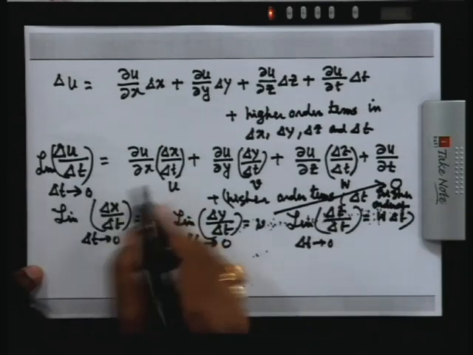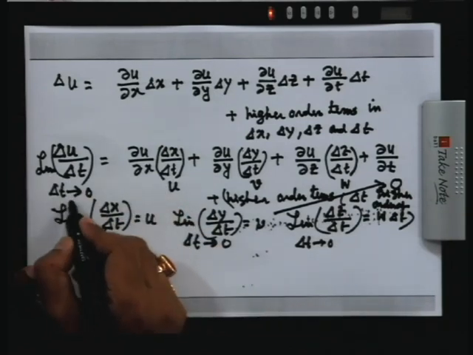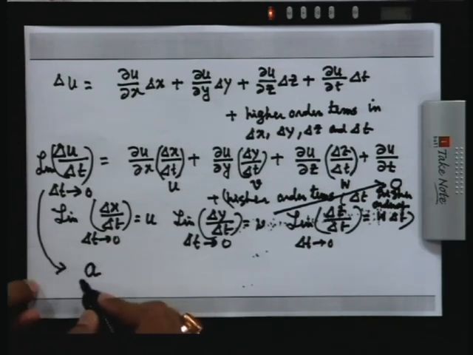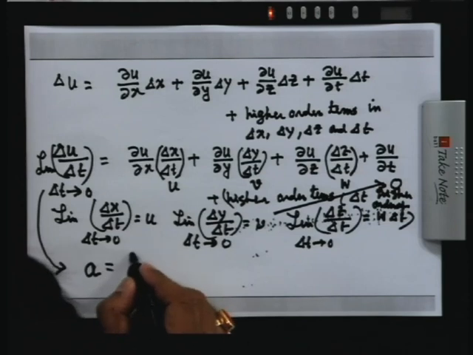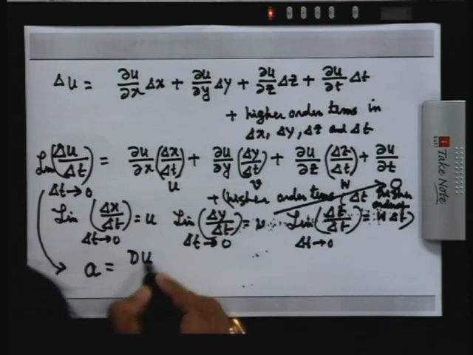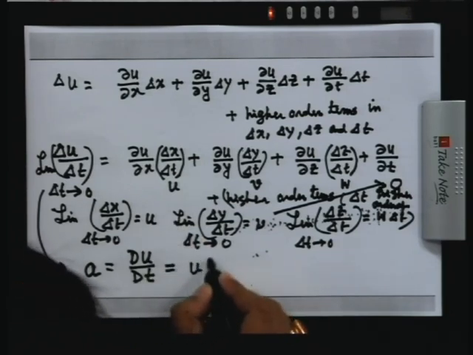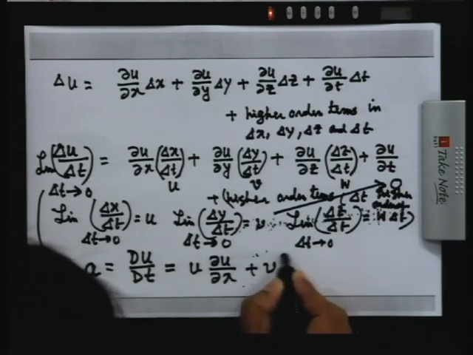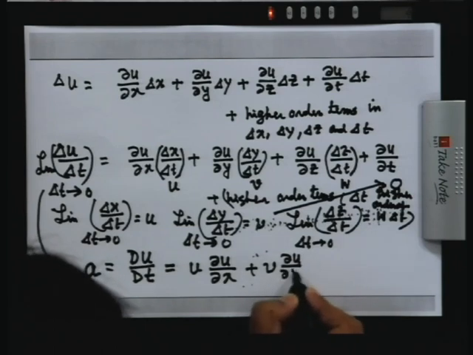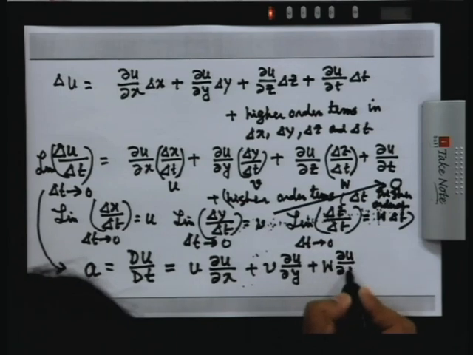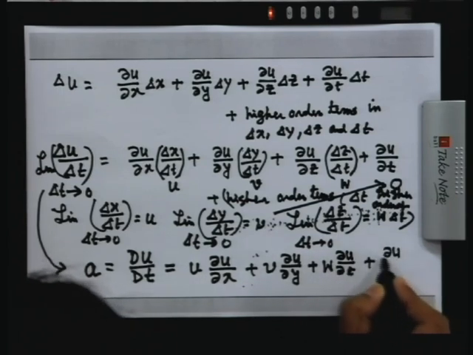So, what we get is the limit of del u by del t as delta t tends to 0, which is defined as acceleration. It is represented as the derivative du dt, the derivative of u with respect to t. This is u del u del x plus v del u del y plus w del u del z plus del u del t.